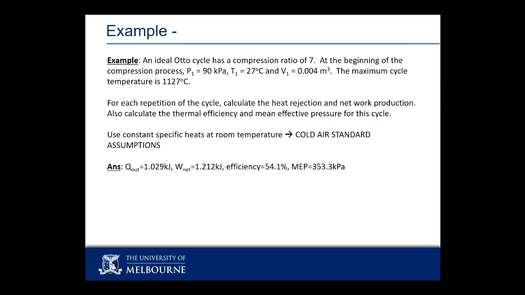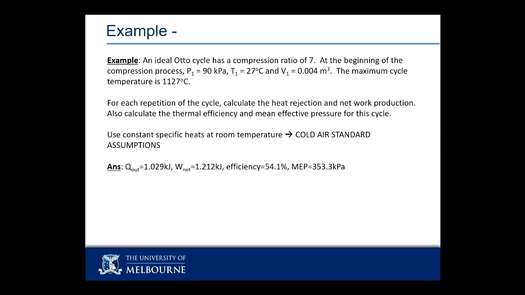Compression ratio of 7. At the beginning of the compression process, which is to say at the start of the cycle, I've got 90 kilopascals, 27 degrees Celsius, and a volume of some cubic meters. The maximum cycle temperature is 1127 degrees Celsius. 27's in there because it turns nicely into a round number when I turn it into Kelvin.